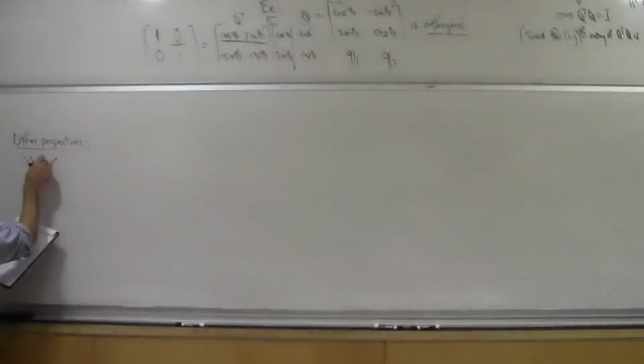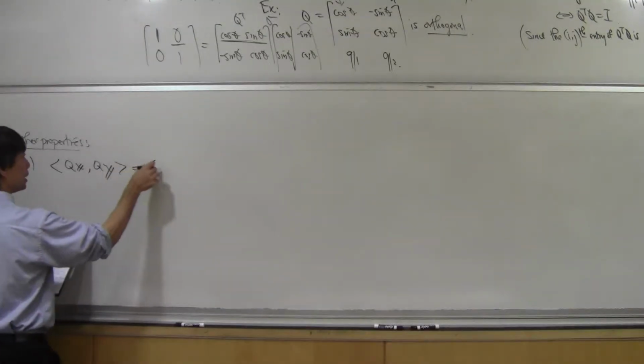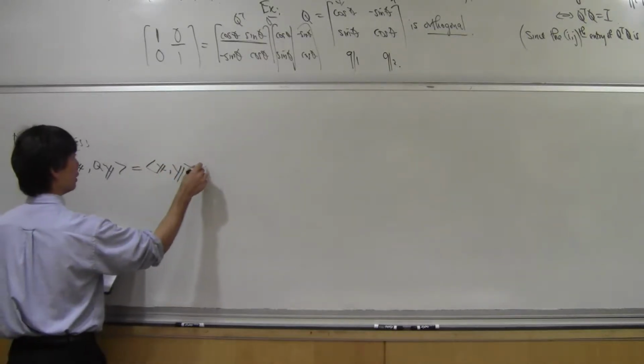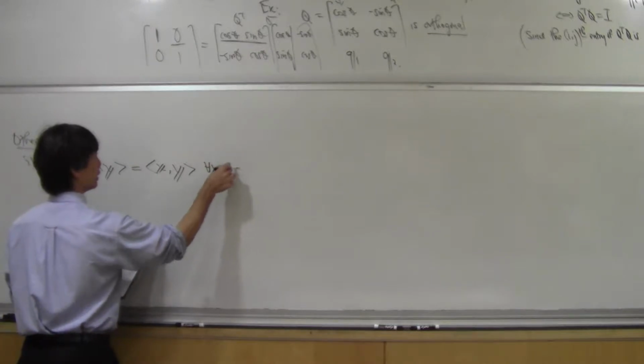Okay, other properties. One, if you take the dot product of Qx and Qy, it's the same thing as the dot product of x against y, for all x and y in R^n.